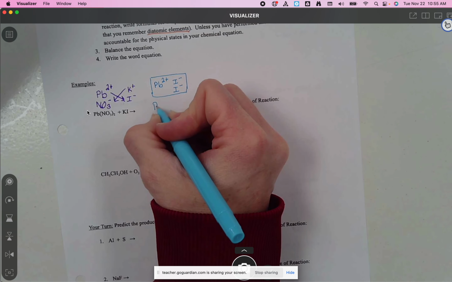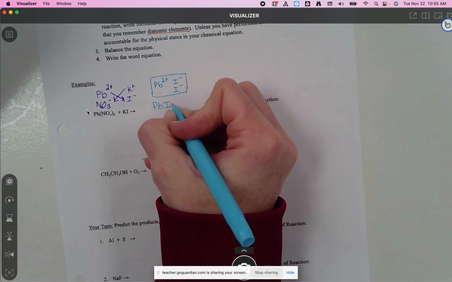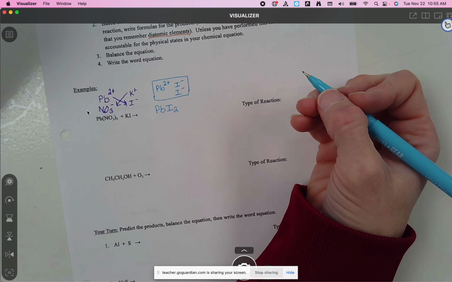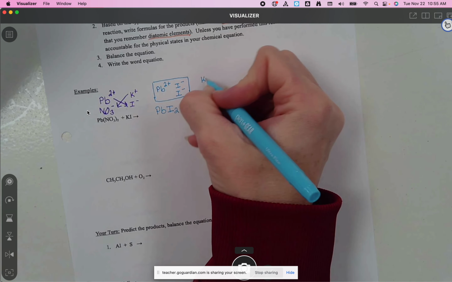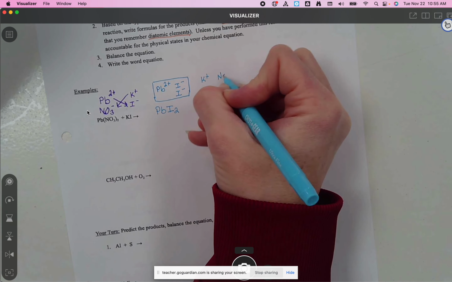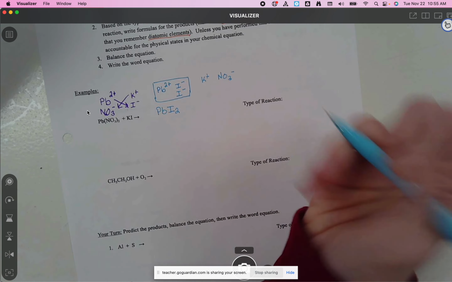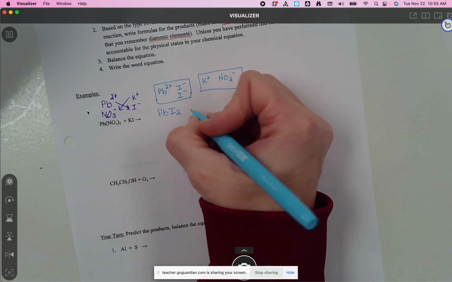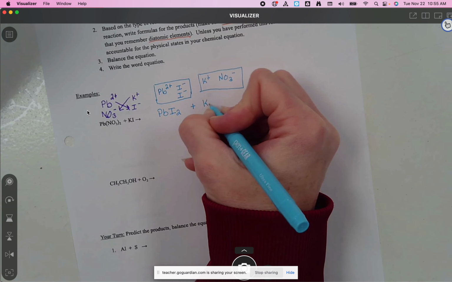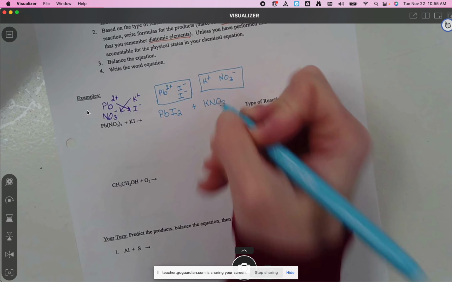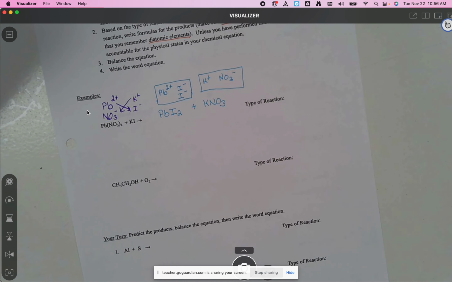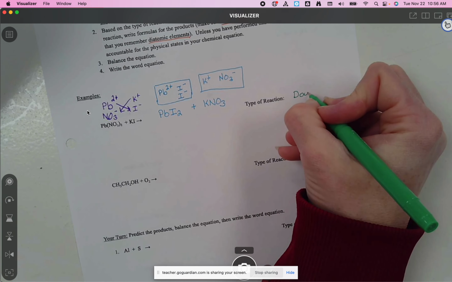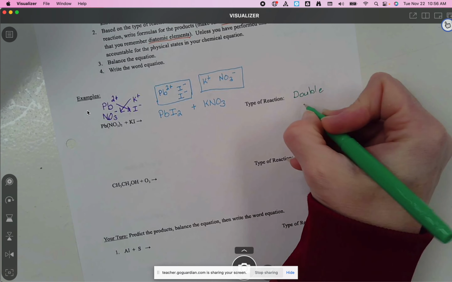So one of my products is PbI2, and then I have K positive and NO3 minus. That's +1 and -1. So we have KNO3. And we knew to do that because we had looked at this and we had determined that this was a double replacement reaction.